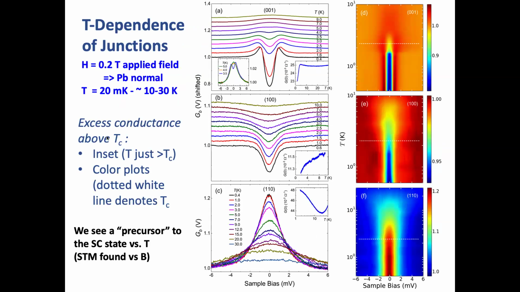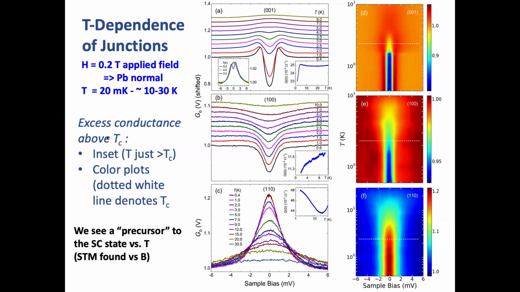Depending on the junction, it's more smeared out or less smeared out, but we definitely see a gap in the center. That's due to the superconductivity in the top two. As you raise the temperature above TC, you still see something. One way you can see it is looking at the color plot on the right side. I hate color plots, but it helps you get published.